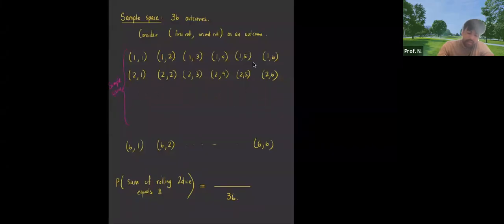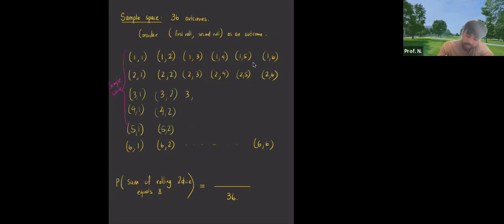This is something that you can do once and you don't have to do it all over again, but now you have an idea, right? So this is 3, 1, this is 4, 1, this is 5, 1. This is 3, 2, 4, 2, 5, 2. 3, 3, 4, 3, 5, 3, 6, 3.